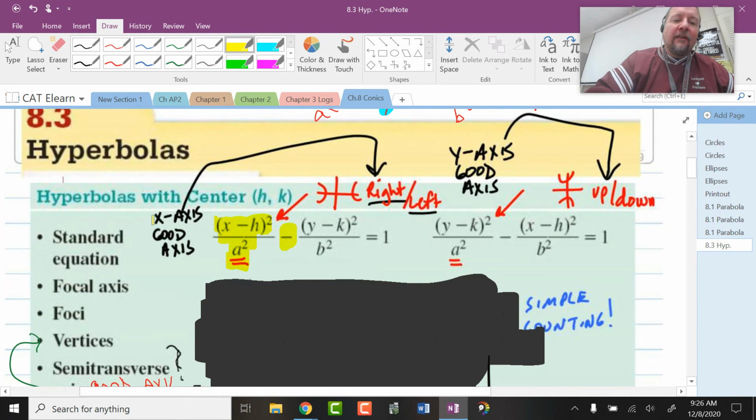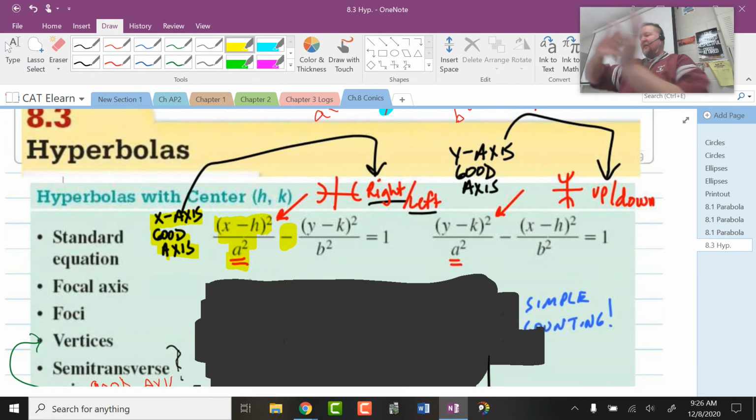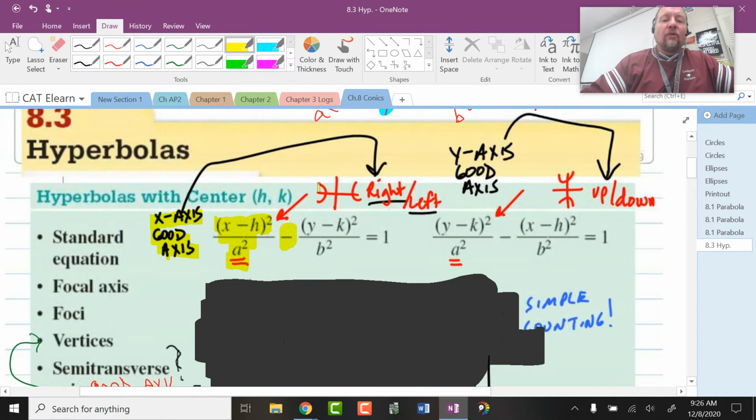So what I'm calling this one is the x-axis, or the x is the good component because it doesn't have a negative on it. The minus y squared. That's the bad axis. So this is when you get a right-left hyperbola.